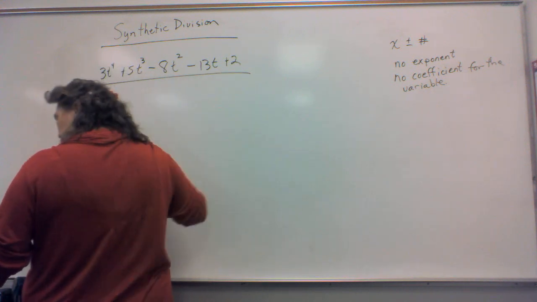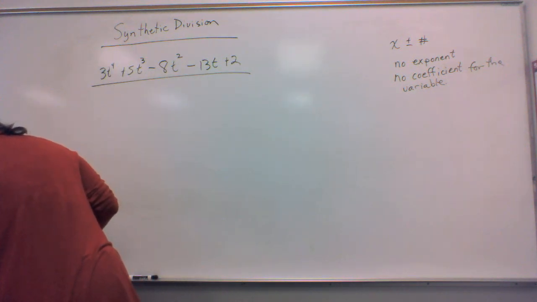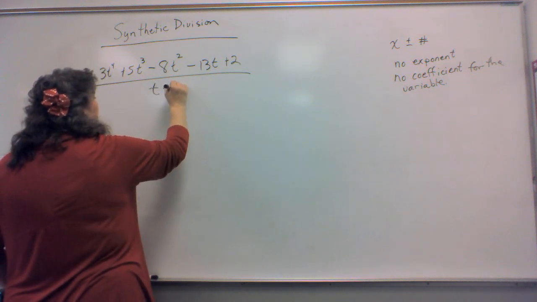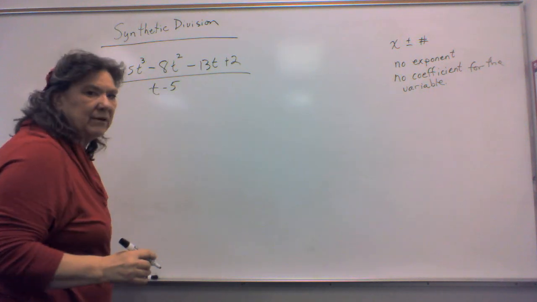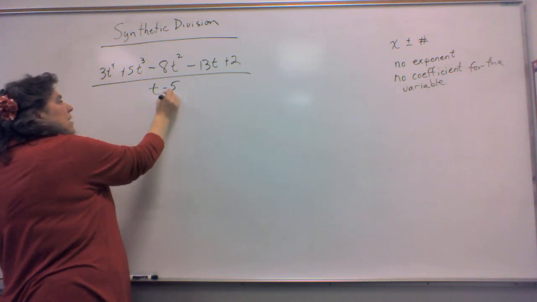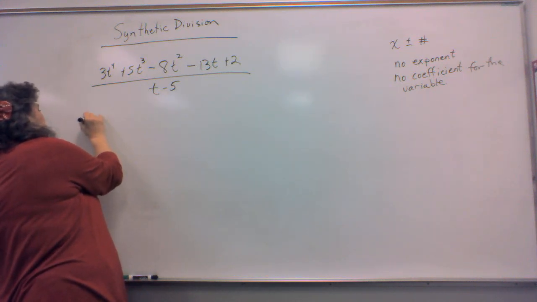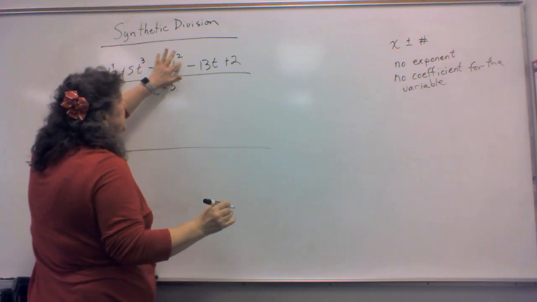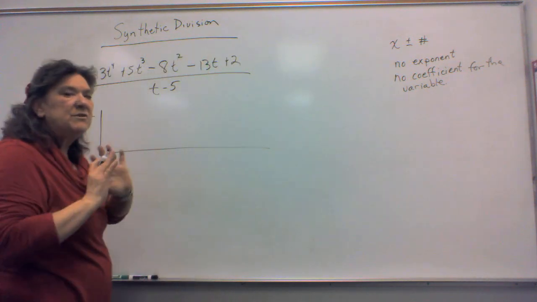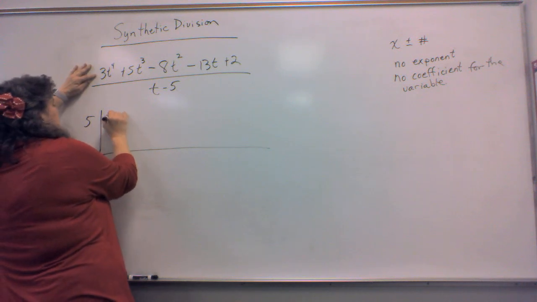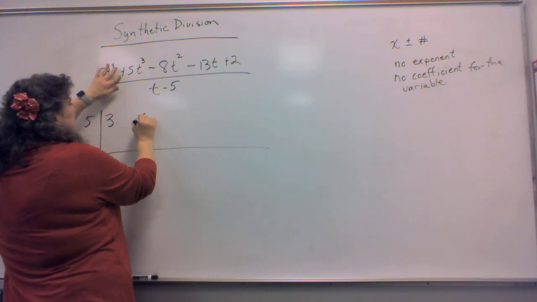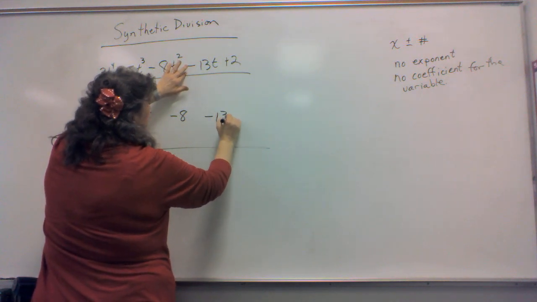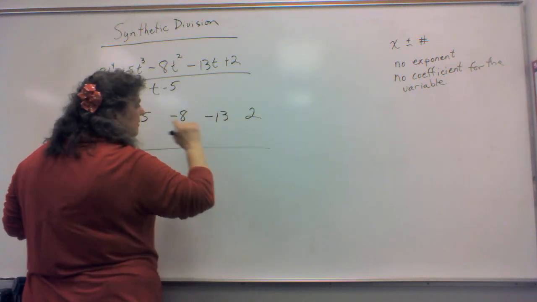All of this is going to be divided by t minus 5. And let's see what we get here. Again, the opposite of minus 5 is going to be 5. And notice we've got 4, 3, 2, 1, 0, so we don't have to make up any terms. So we have 3, 5, negative 8, negative 13, and 2.